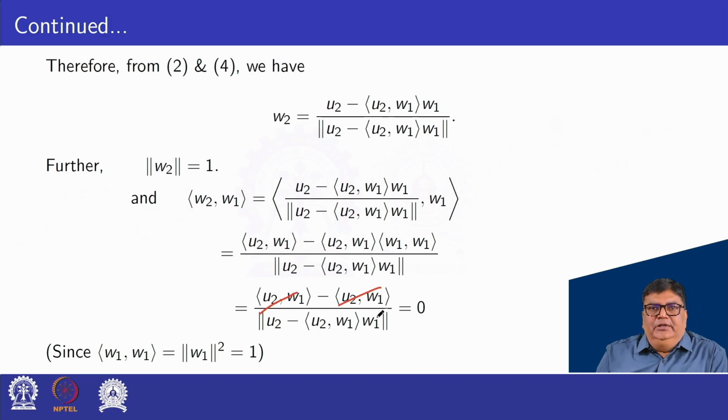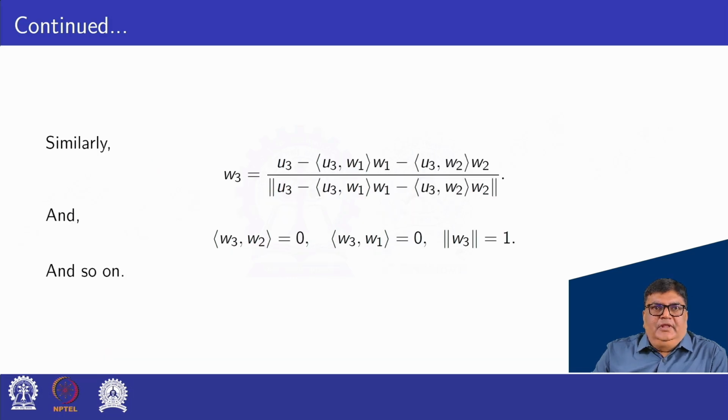That is 0 upon this, that is 0. So omega 2 is orthogonal to omega 1. Similarly, we can prove W3 is equal to this one. The inner product of W3 and W2 is 0, W3 and W1 is equal to 0, the norm of W3 is equal to 1, and so on.